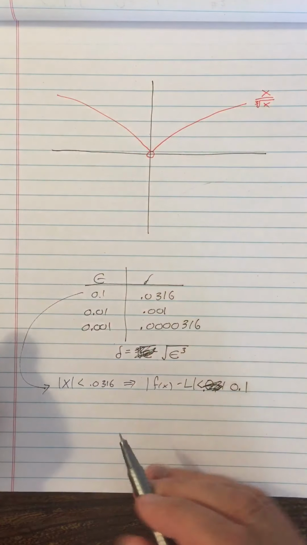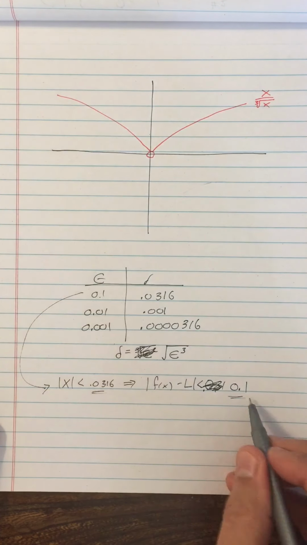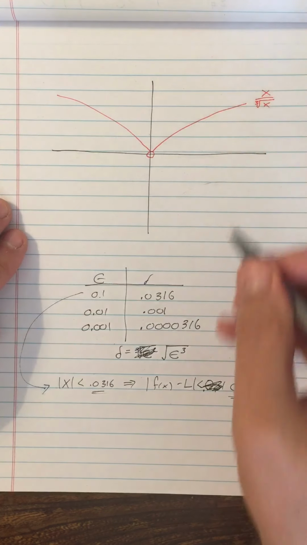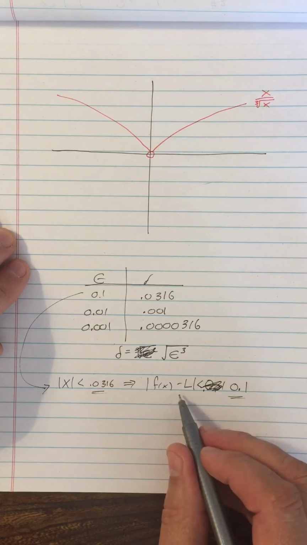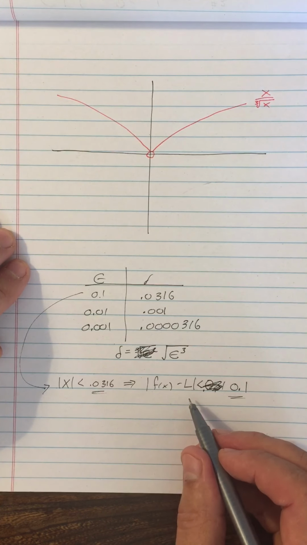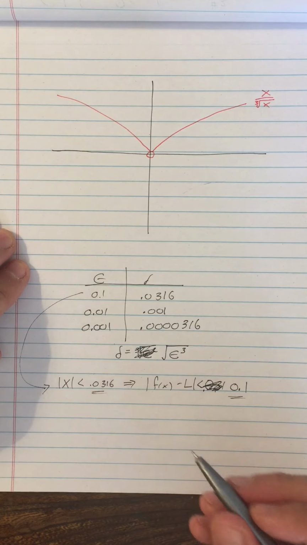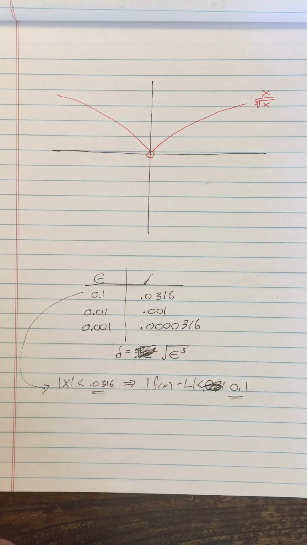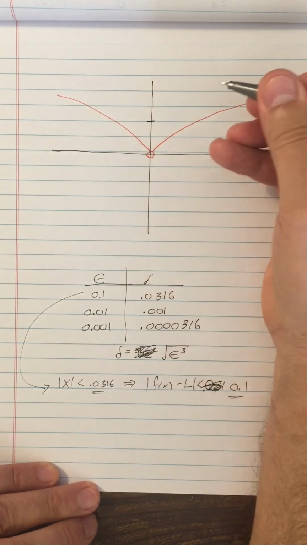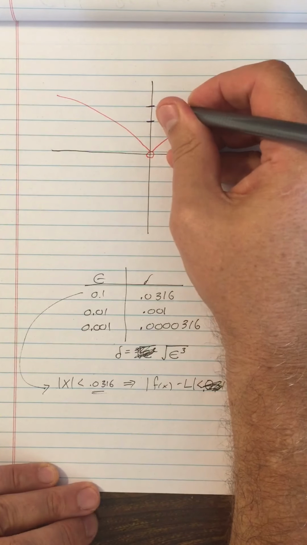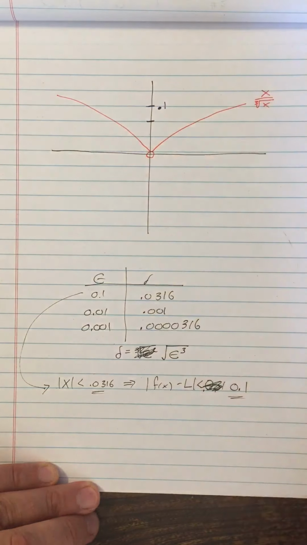Okay, where are this epsilon and this delta on the graph? So it's like this. Epsilon is a constraint on how close I want the y values to be to the limit. So the epsilon is on the y-axis. In particular, that epsilon of 0.1 is here. Well, I'm going to put it up here, just to give myself a little more space. This is 0.1, all right?